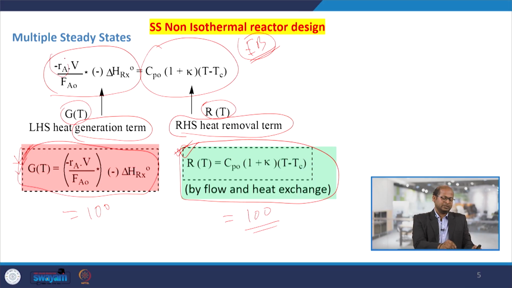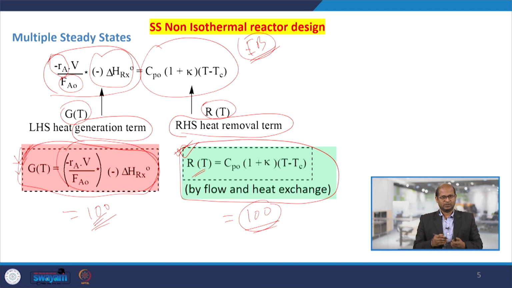If it is an exothermic reaction, then heat generation would be there, since it comes from the rate of reaction and the heat of reaction. If we put in all components, heat generation comes to 100 and heat removal comes to 100. So we can say heat removal equals heat generation; both are the same.